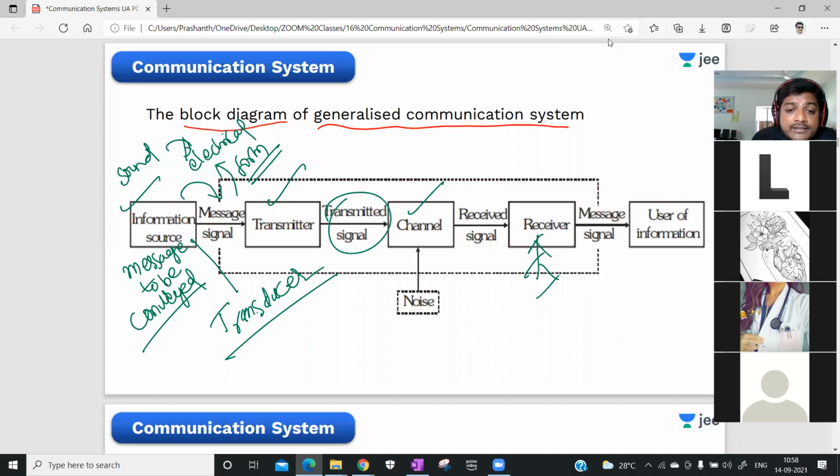The receiver receives this transmitted signal and converts it again into the message signal, and here we use another transducer. This transducer converts electrical energy into sound signals that you can understand. Understood?